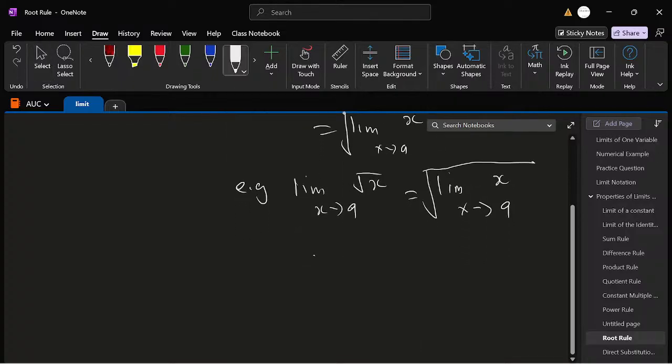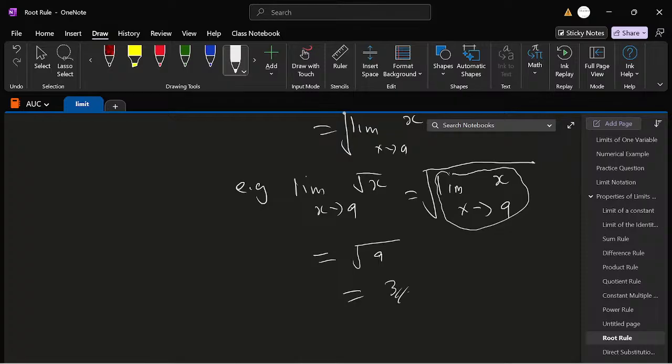Here, don't forget that this is an identity property again. What we have under the radical will be equal to 9. So we're going to have root 9, and the final answer is 3.